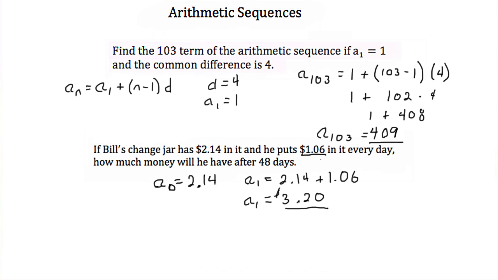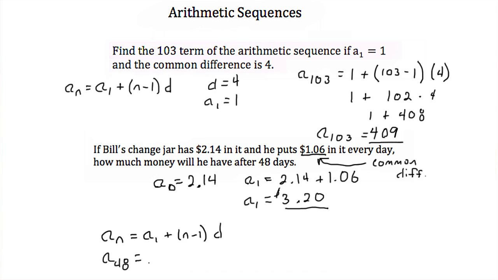The $1.06 he puts in it every day is how much the jar is going to change every day. So it's our common difference. So we'll use the formula. a sub n is equal to a1 plus n minus 1 times d. And our a sub n is a48.